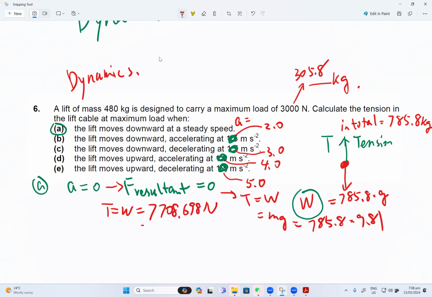But you can round to 2 SF, just this much Newton. We are doing question 6 again. We did number 6 last week.